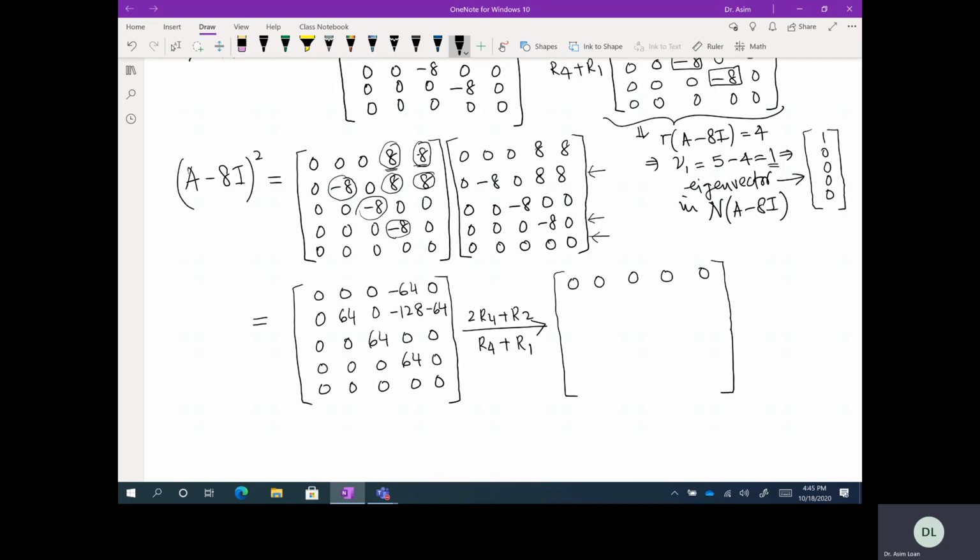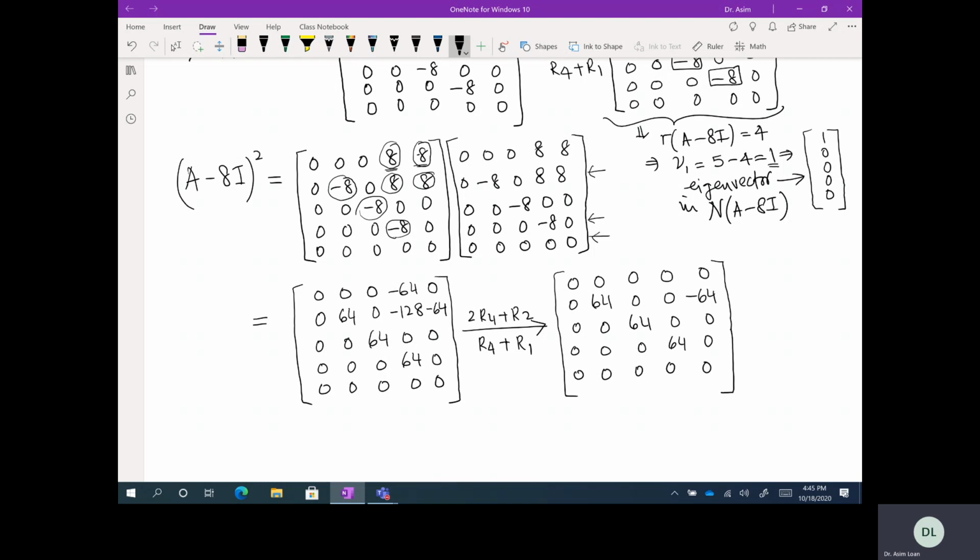Good. Last row is same, nothing changes here. Third and fourth is same, 0, 0, 64, 0, 0, 0, 0, 0, 64, 0. So when I do 2 times row 4, 0 and 64 don't change. So this one goes away, 64, 128 minus 128, 0, and this is minus 64 as is.